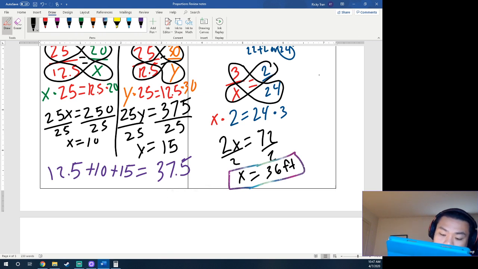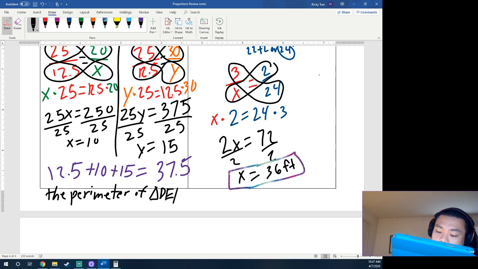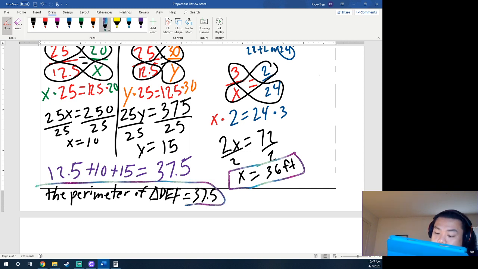The perimeter of triangle DEF is equal to 37.5. And there's your answer. I'm going to do a nice highlight.